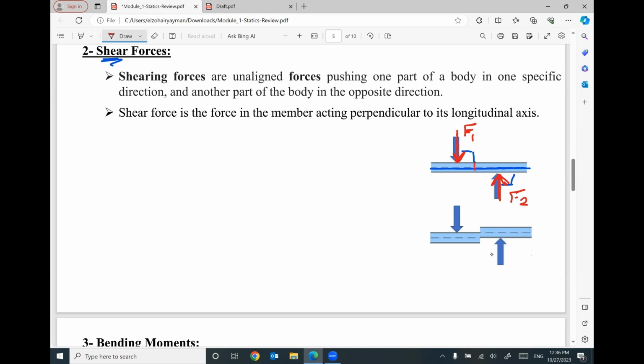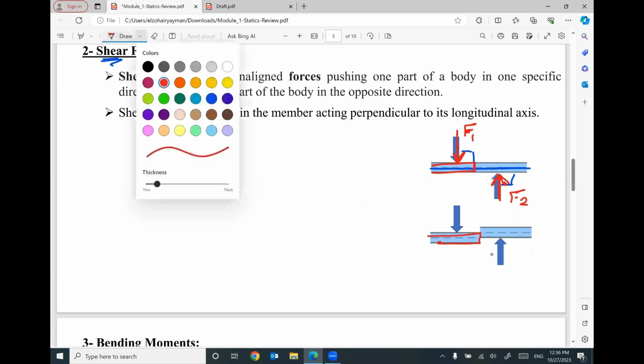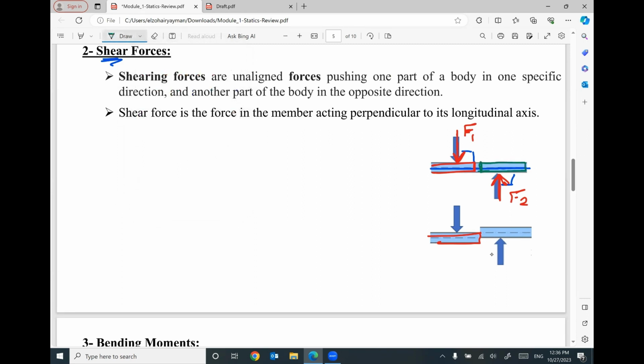F1 is trying to push this part of the beam down like this. The second force, F2, is trying to push this part of the beam up like this.